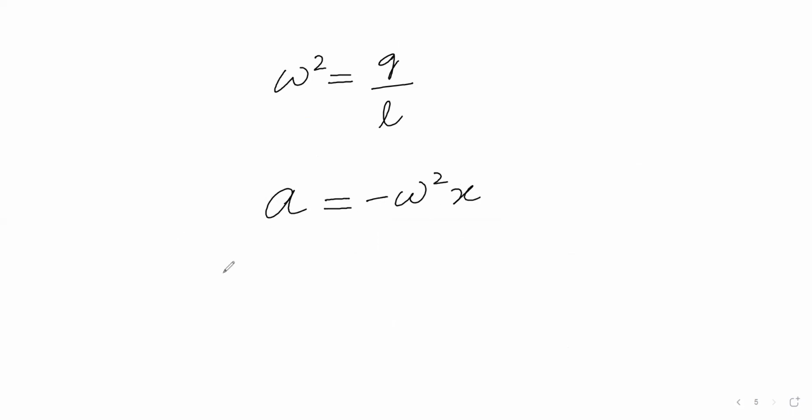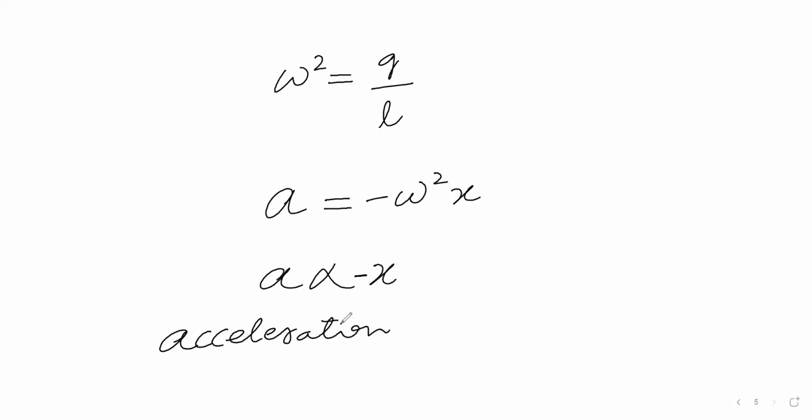And from this equation, I can write it as a is directly proportional to what? Displacement x here. But here, omega square is a constant. So now a is directly proportional to the displacement x, but both are acting in the opposite direction. So acceleration a is directly proportional to the displacement.